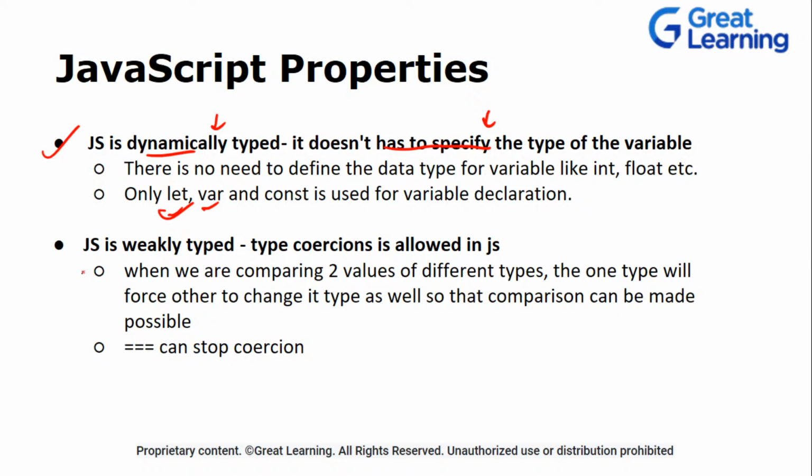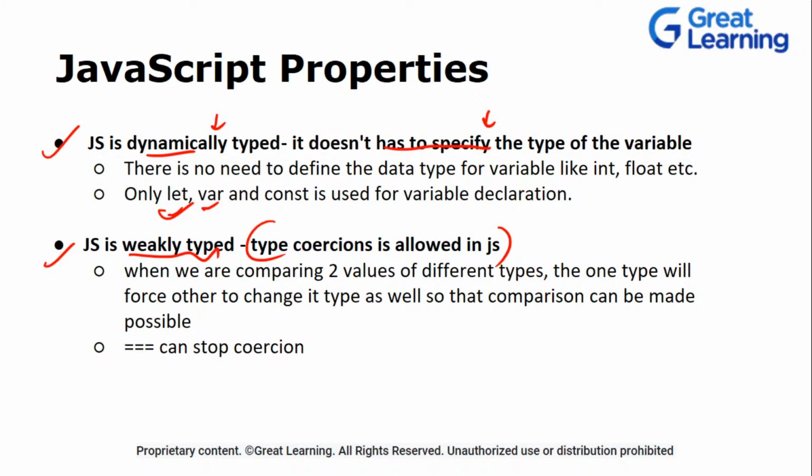Now what else? JavaScript is a weakly typed language. What does this mean? That type coercion is allowed. In traditional programming languages, this thing does not happen: a string being converted into a number.